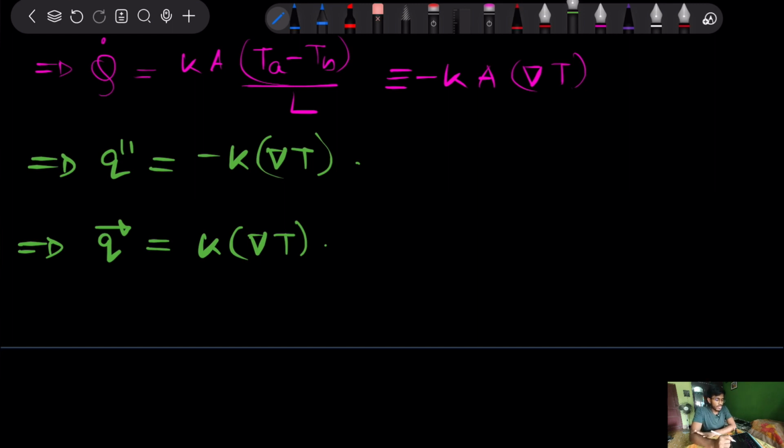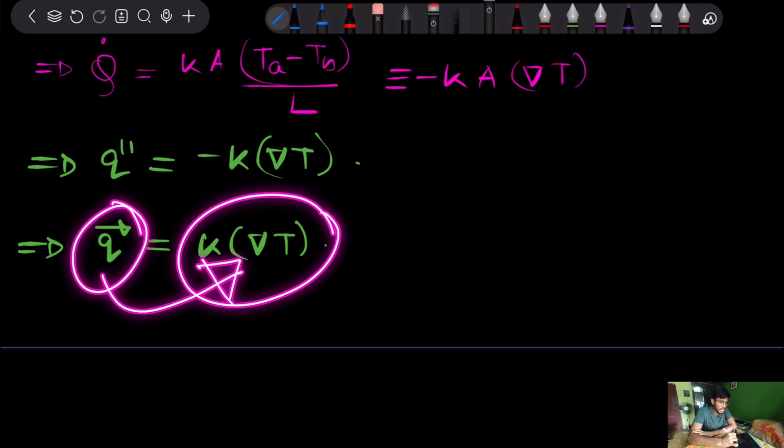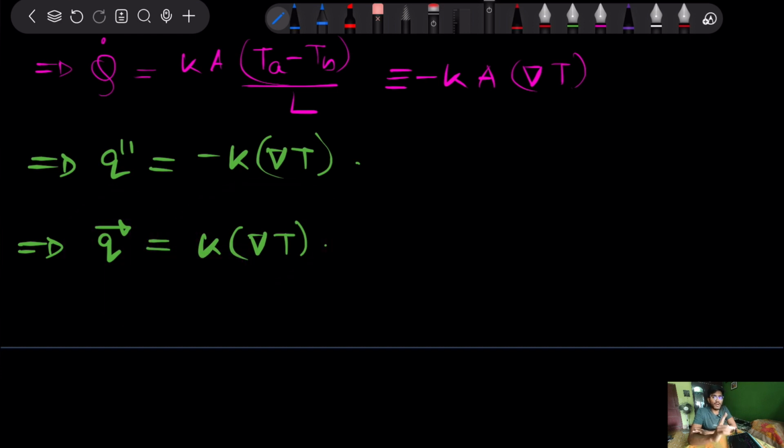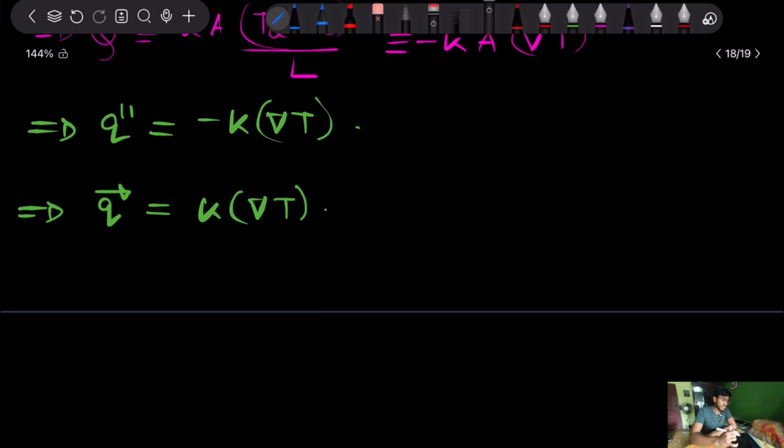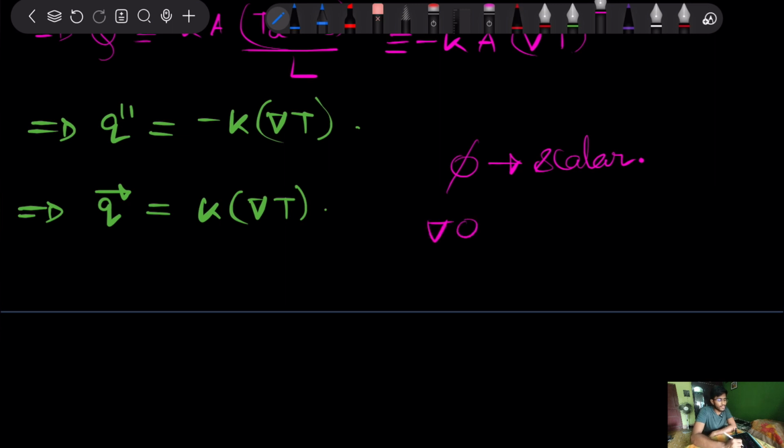So now I am able to write this heat flux vector in terms of the temperature gradient. You tell me one thing: if I have a scalar phi, then is the gradient of phi a scalar or a vector?